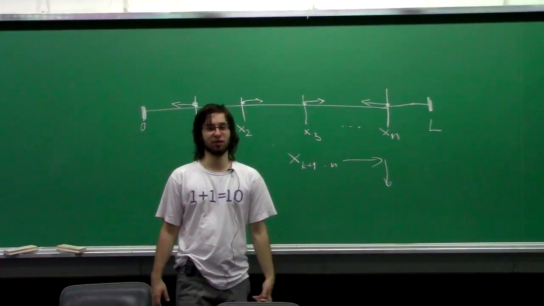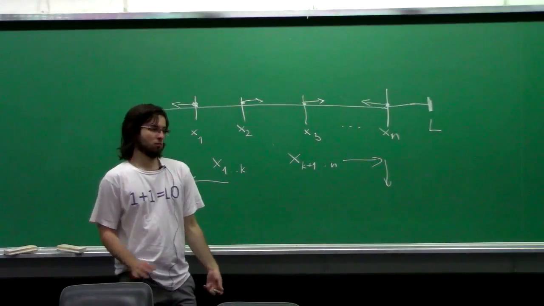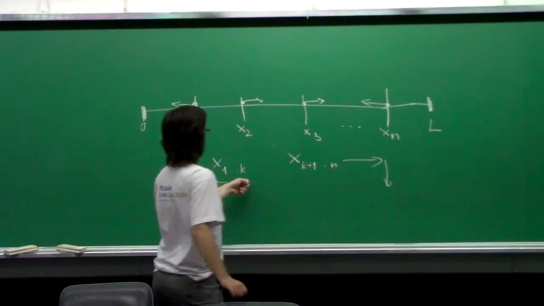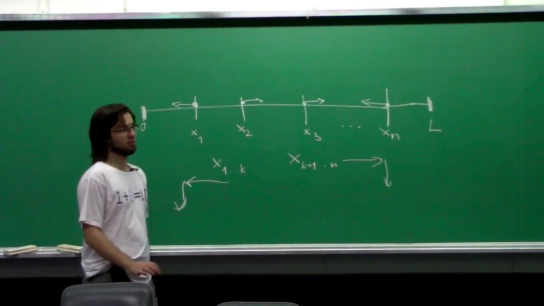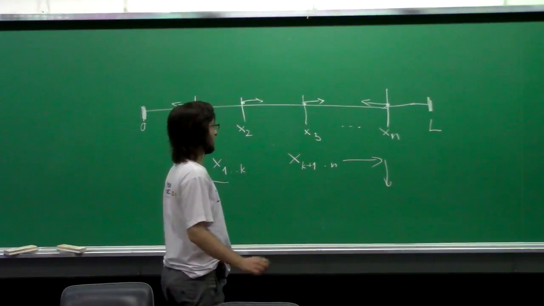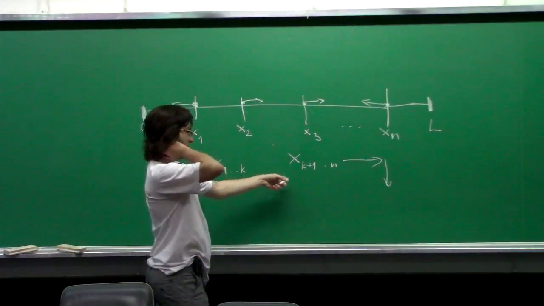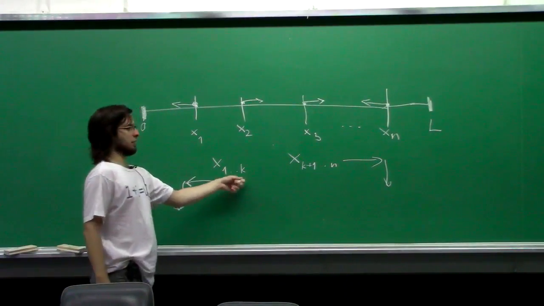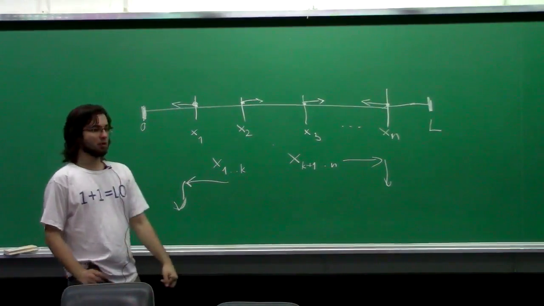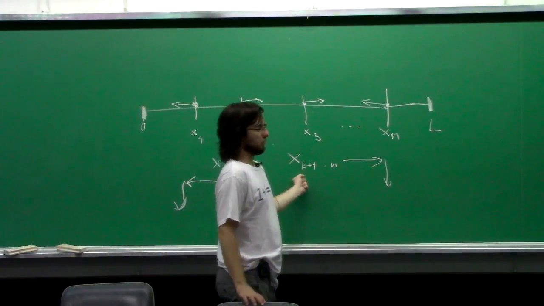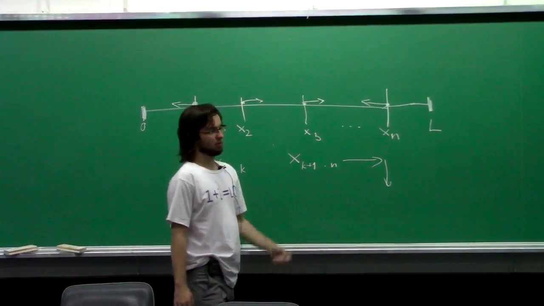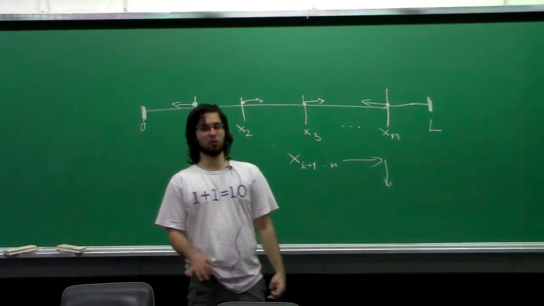Because if they were indistinguishable, then the number k would still be the same, because it's just the number of ants and has nothing to do with their indices. And the time when ant k drops from the left is the same, because it's just the time. Also, it has nothing to do with their indices, and the same for the time when ant k plus 1 drops from the right.